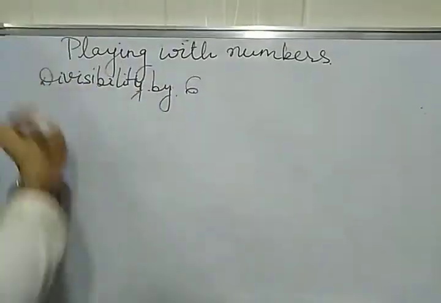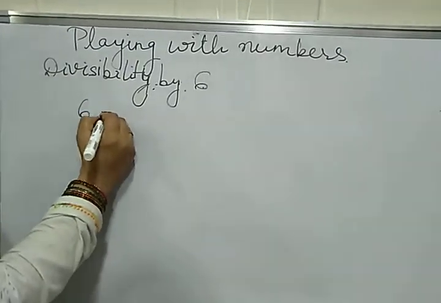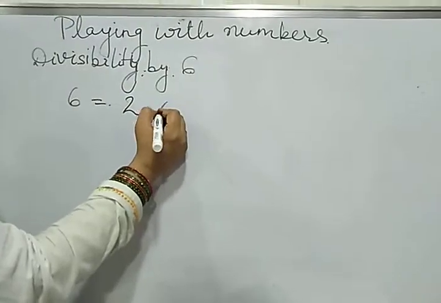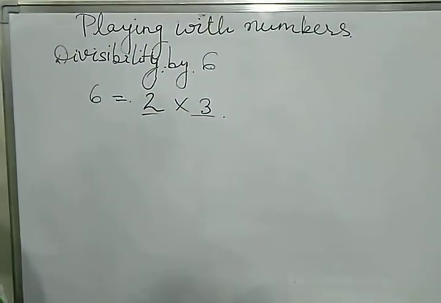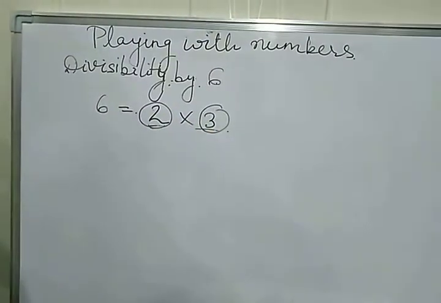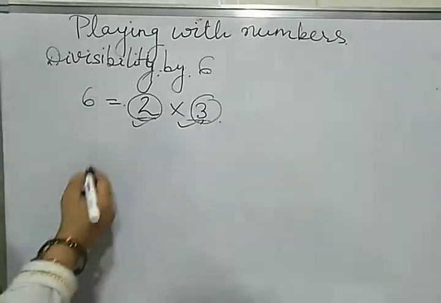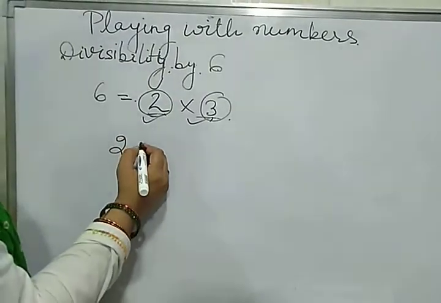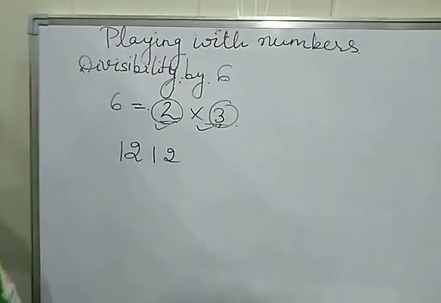Now the divisibility by 6. For the divisibility by 6, we have to find out the prime factors of 6, that are 2 and 3. So for the divisibility of 6, we will check the divisibility of 2 and 3. If the number is divisible by 2 and 3 both, then it will be divisible by 6, like 1212.